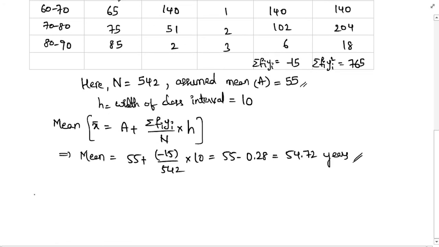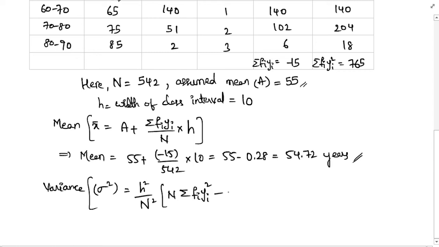Now we will find the variance. So variance formula is sigma square is equal to h square divided by n square into n into sigma of fiyi square minus summation of fiyi whole square.